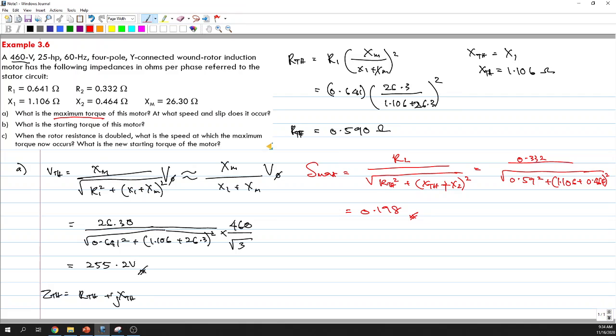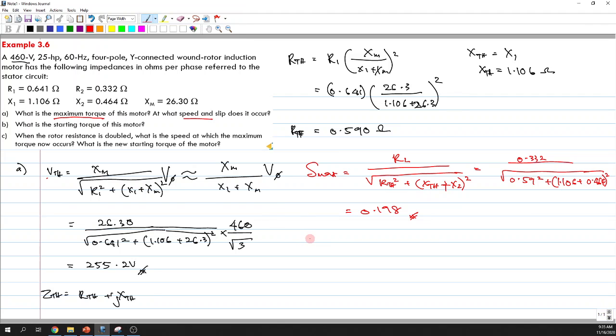Before we look at the torque, since the torque equation doesn't have Nm but consists of omega sync, and the question also asks for the motor speed, we need to find Nm first.